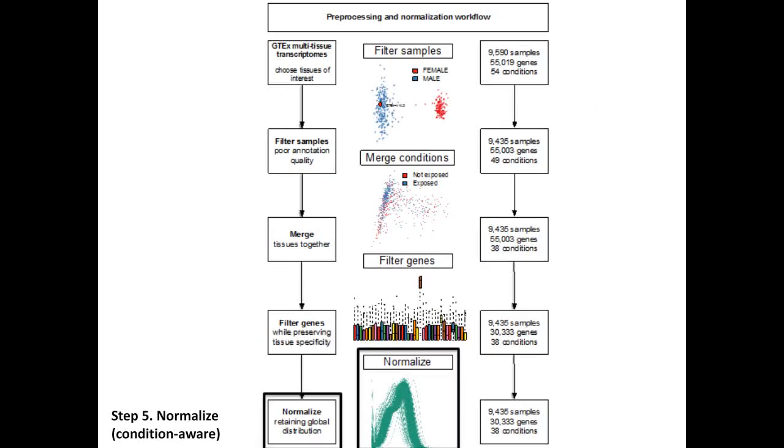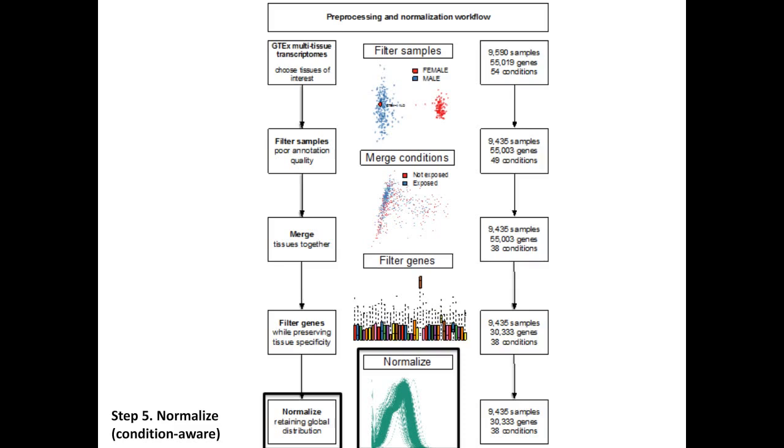So once we've gone through that, our last question really is about normalization. There are a number of different approaches in normalization, and I'll get to that in a second. But just to rehash, we started off with close to 9,600 samples, 55,000 genes, and 54 tissues.